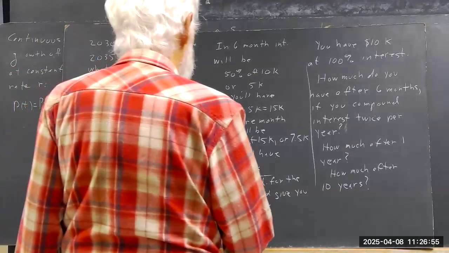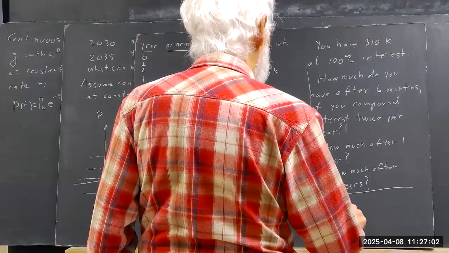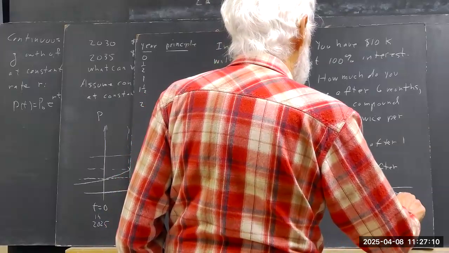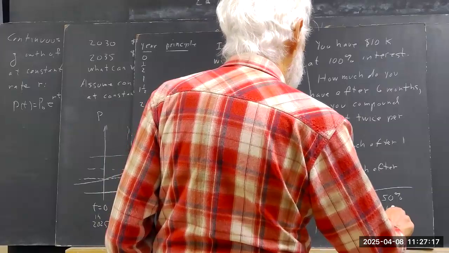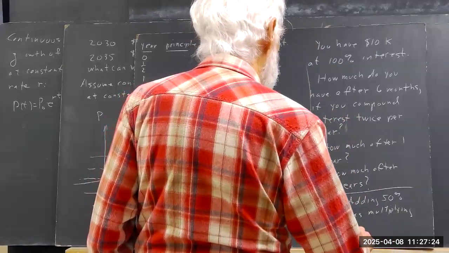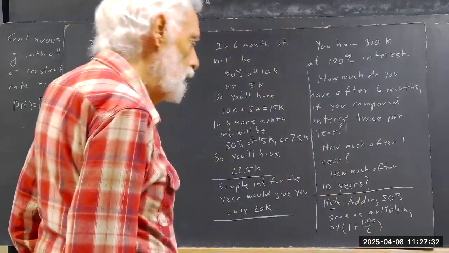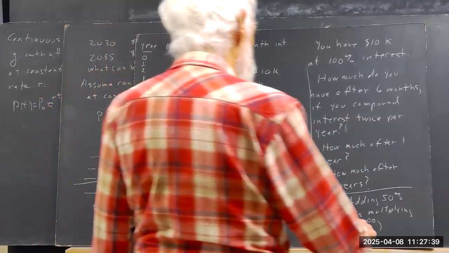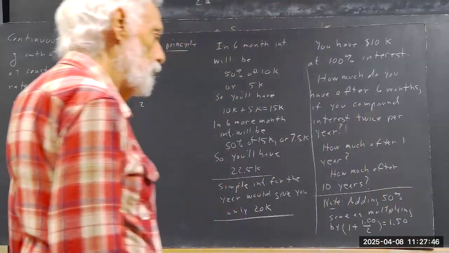Okay, the other thing is, adding 50% is the same as multiplying by 1 plus 1.00 over 2, that's 1.50.